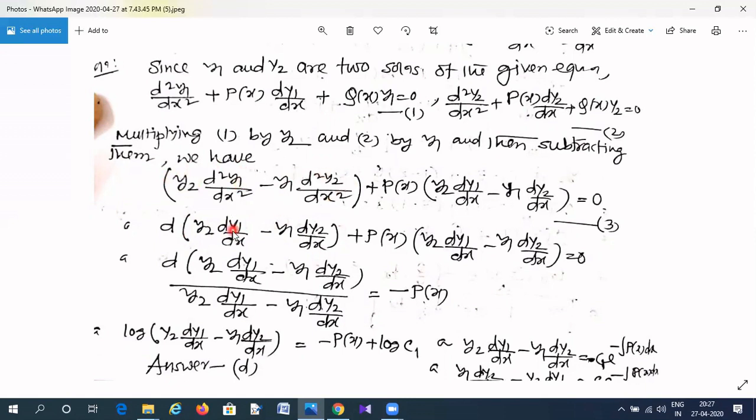So this term is equal to d/dx of y2 dy1/dx minus y1 dy2/dx, plus p(x) into y2 dy1/dx minus y1 dy2/dx. This term is similar. Okay.